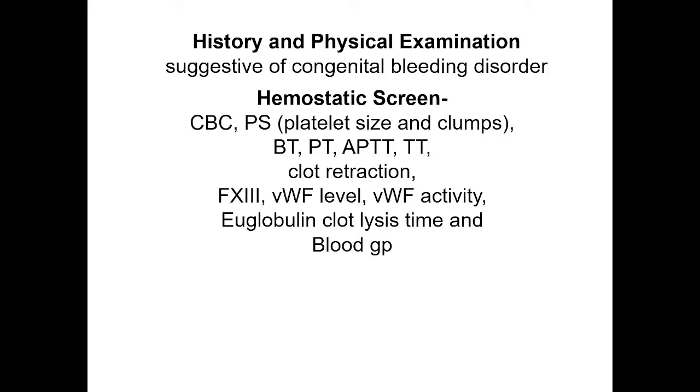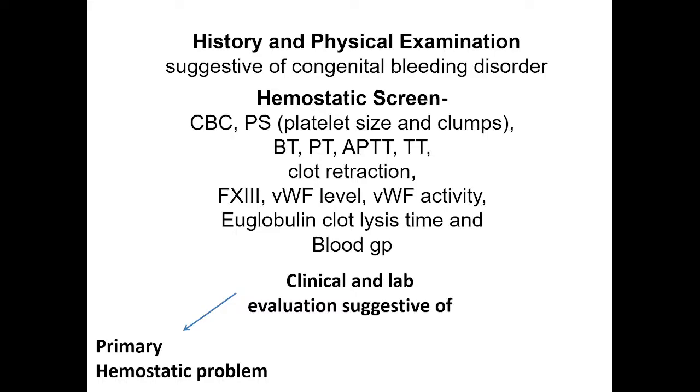Those cases will be included in other tests. So, clinical and lab evaluation suggestive of primary hemostatic problem. Primary means related to platelet, von Willebrand factor and vessel wall, and secondary hemostatic problem is related to von Willebrand factor and other coagulation factors.